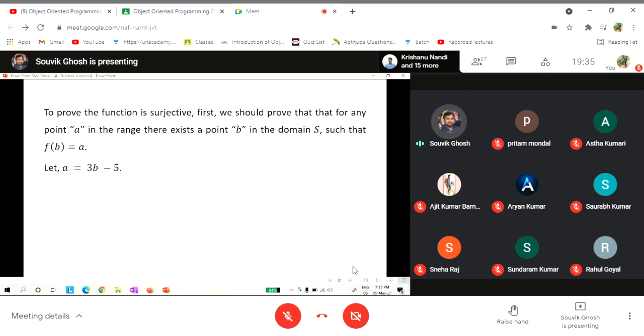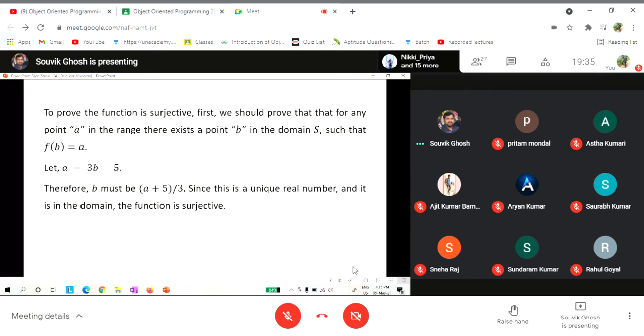Since B is mapped to A, A will be equal to 3B - 5, so B will be equal to (A + 5)/3.